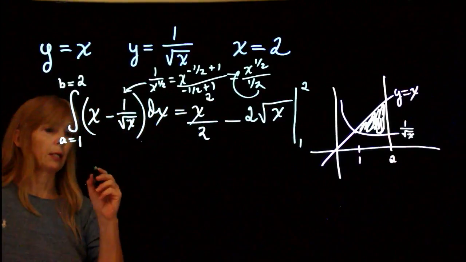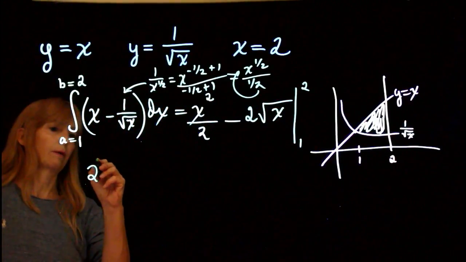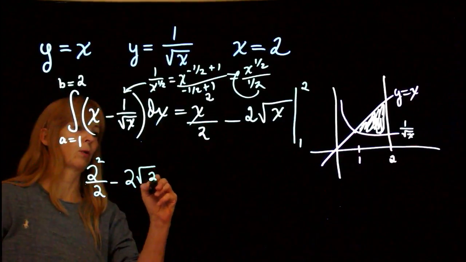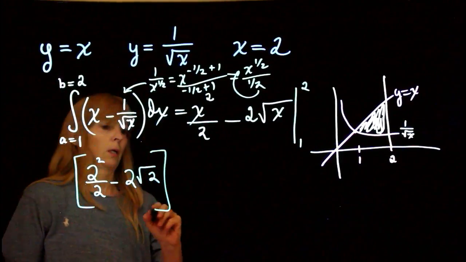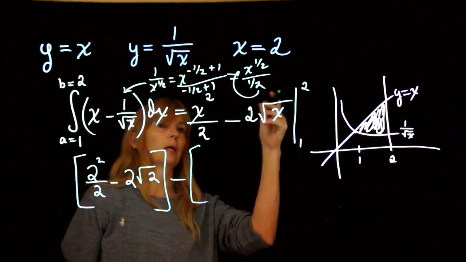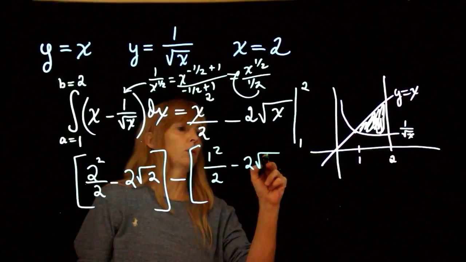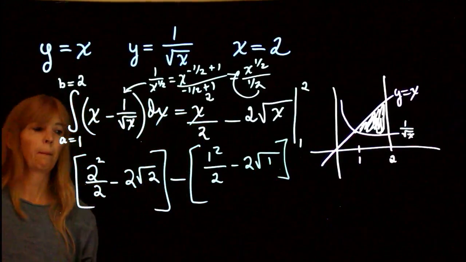And now I plug in 2. So I have 2 squared over 2 minus 2 times the square root of 2. And then I plug in 1 squared over 2 minus 2 square root of 1.